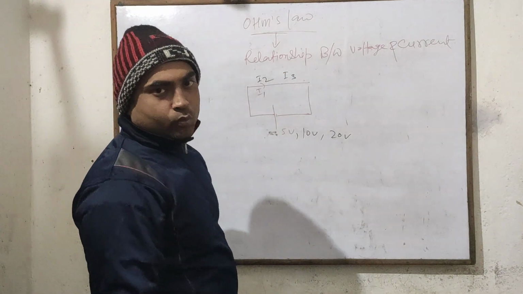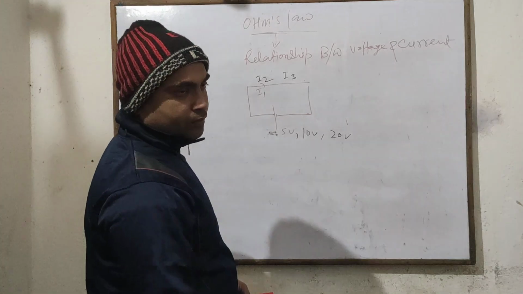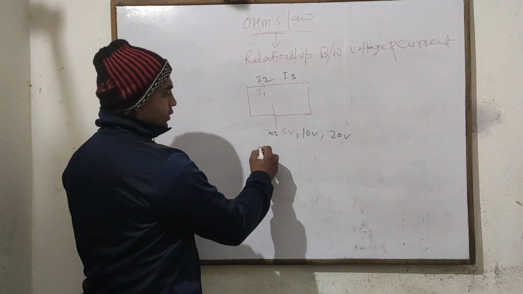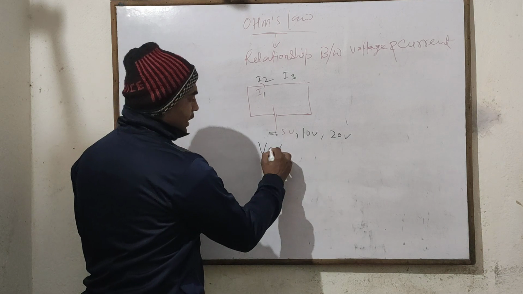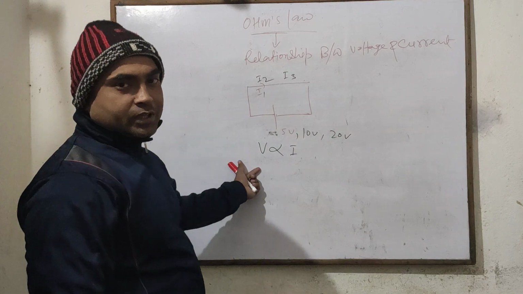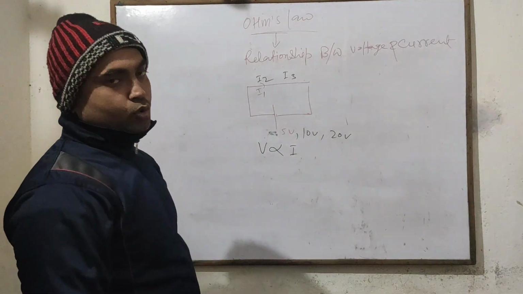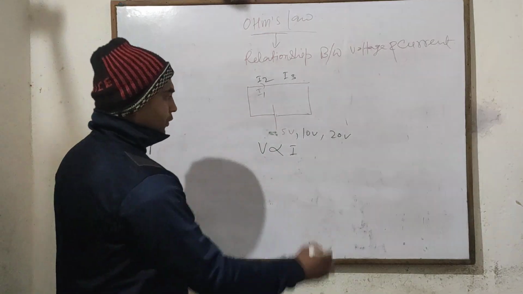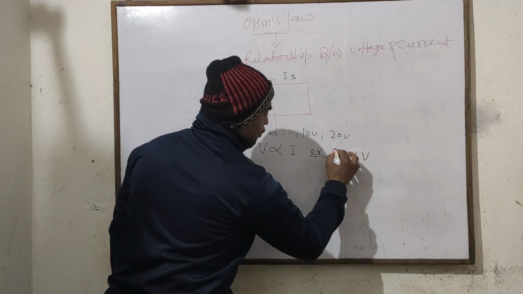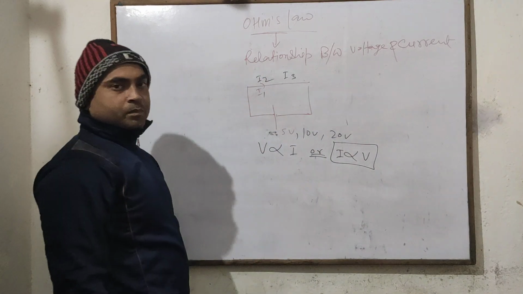And he found a conclusion which is very important for your physics concept: V is directly proportional to current. Means as the voltage is increased, the current also increases. We may also say that current is directly proportional to voltage.